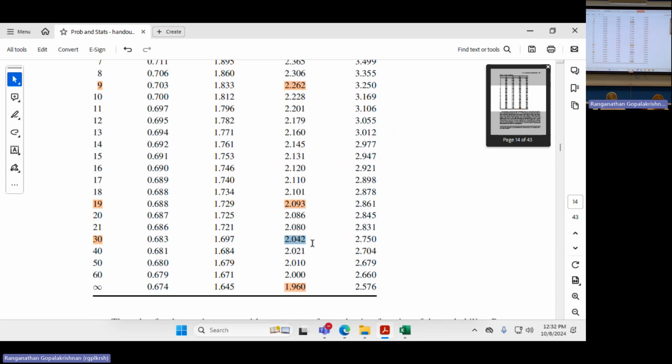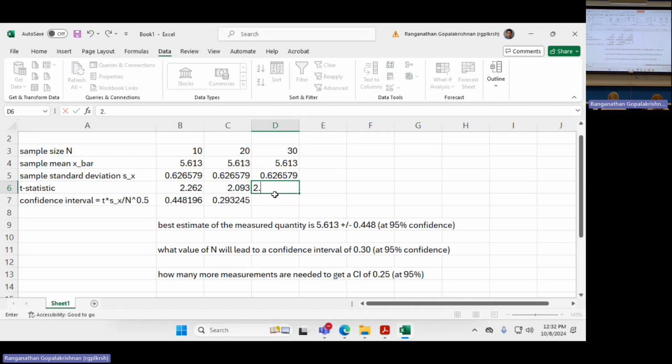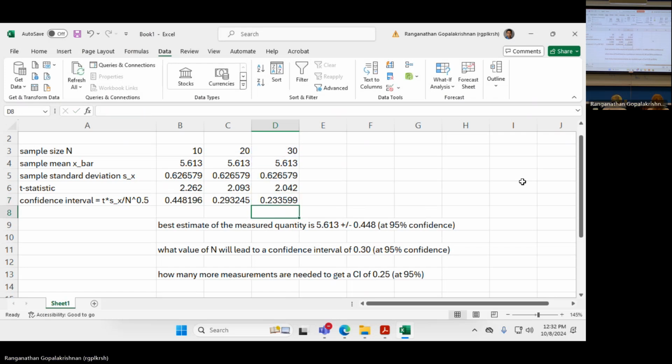I have 2.042. I'll put 2.042. And then confidence interval is 0.62 times 2.042 divided by square root of 30. 0.23. So I am within that 0.25 band by doing 30 observations.